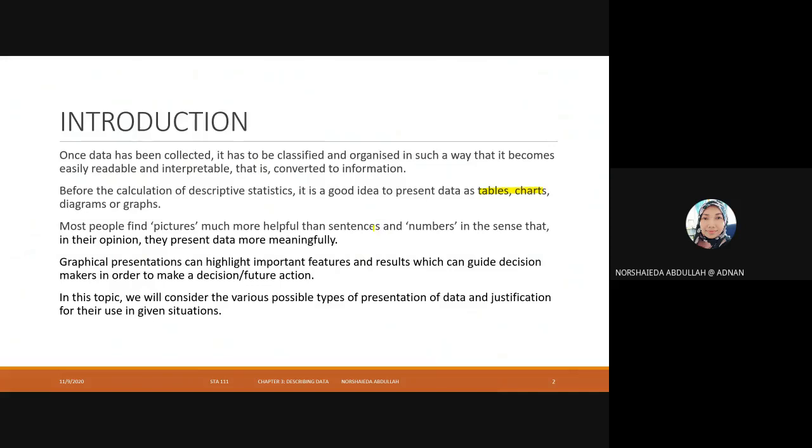It is good to present the data in a graphical way because a picture is more helpful than numbers, and most people find it easier to interpret a picture than numbers.